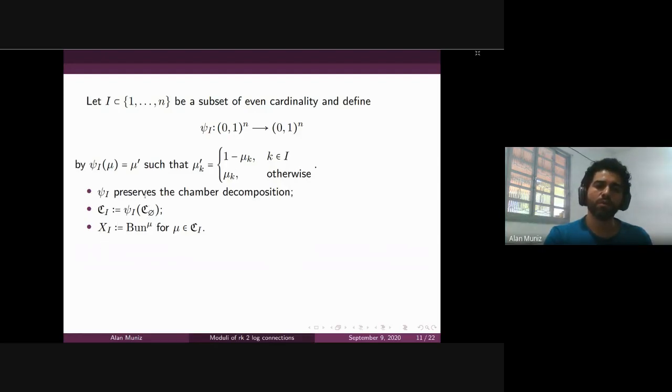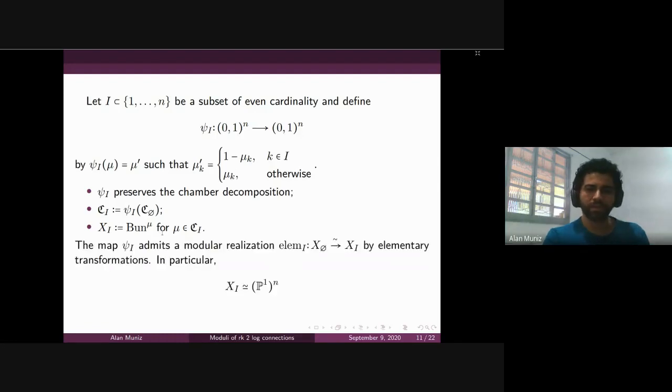What we are going to show is that not for all weights, but for these weights that we can achieve by these maps, the moduli space is good also. The point is that this map Psi admits a moduli realization.